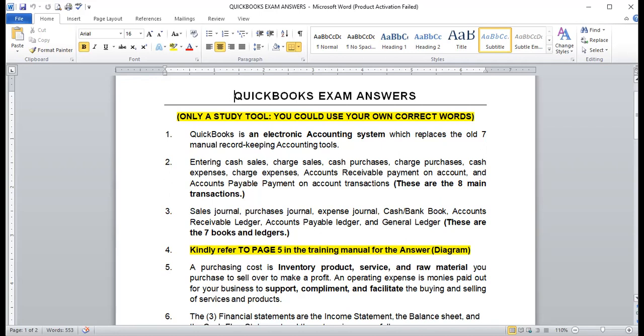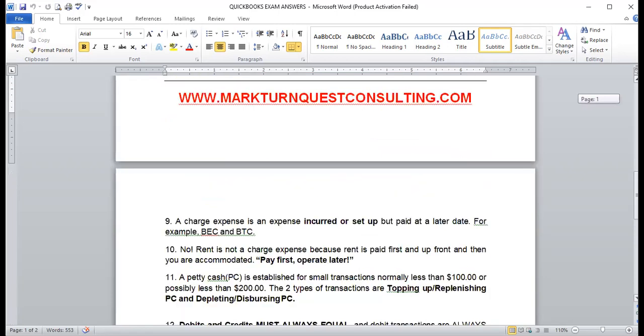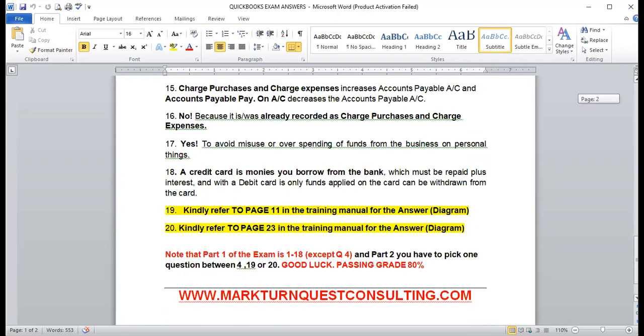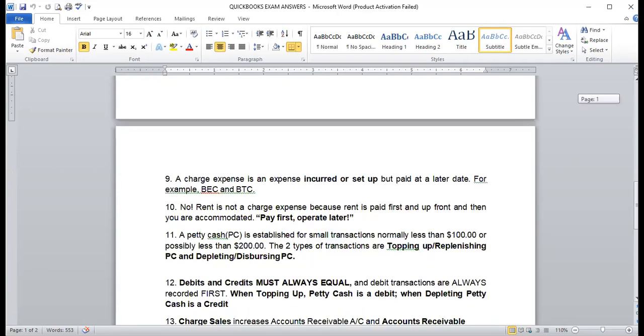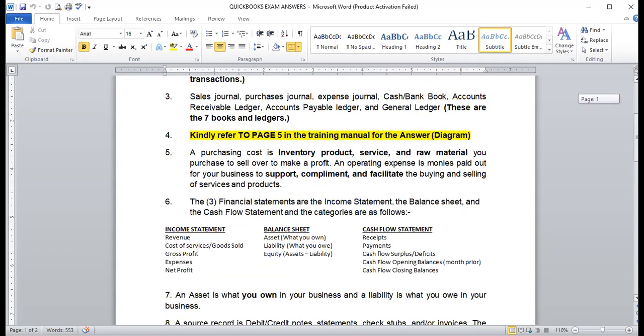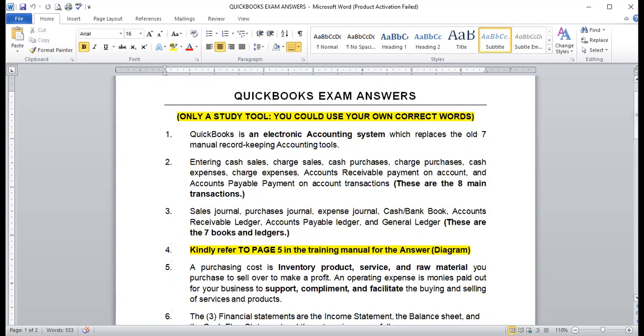The only thing you have to be concerned about is determining where you answer question number 4, 19, or 20. You remember I told you about question number 4. Make it right this time. The answer for question number 4 is on page 5. So for the exam, question 4 is on page 5.